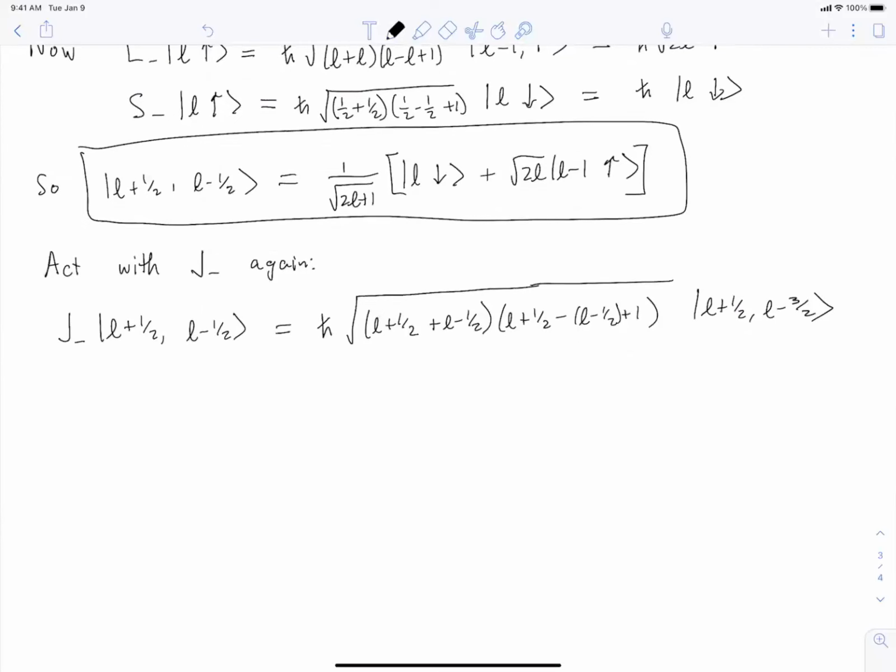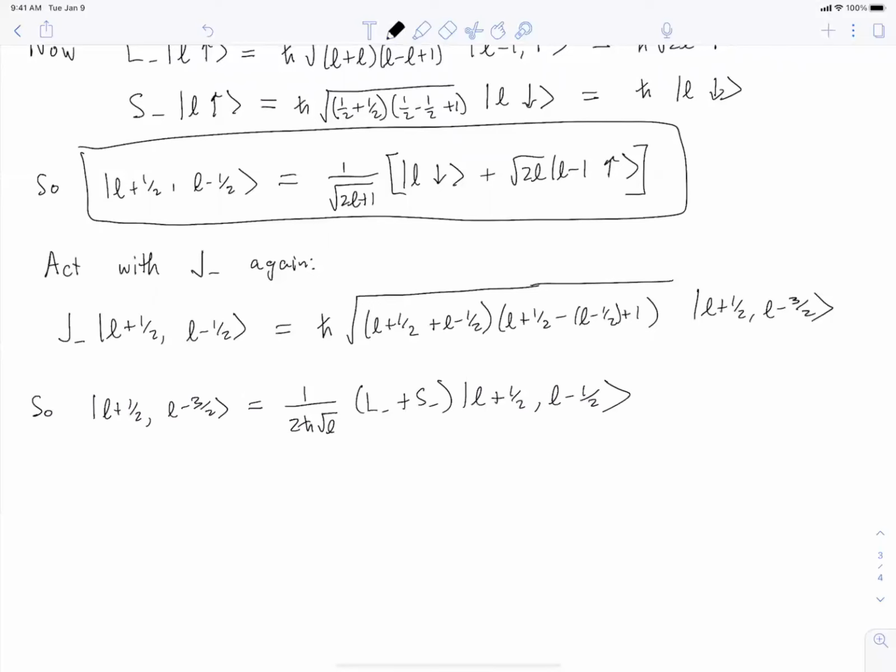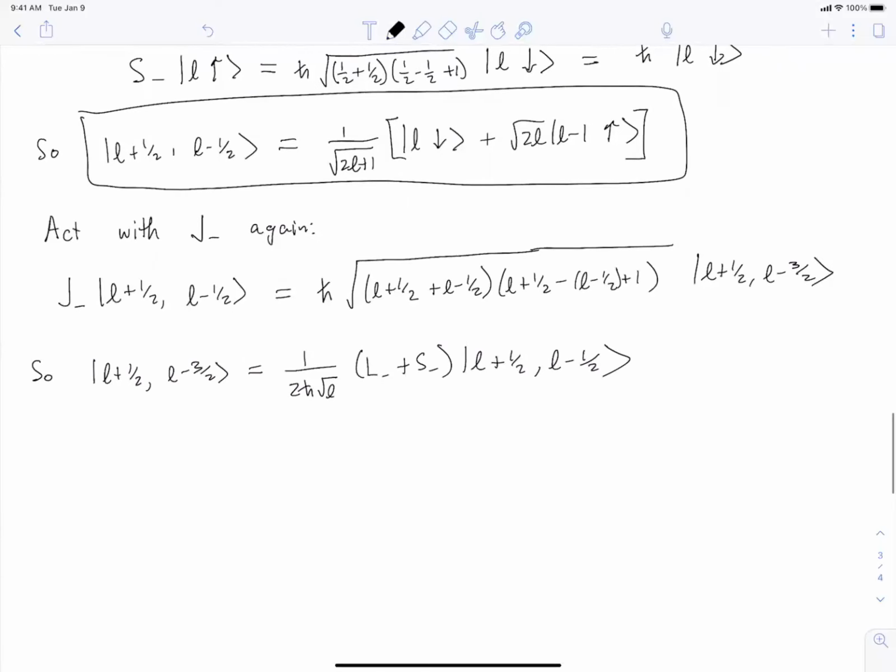Okay, and on the other hand, if we solve again for the thing we want to know, which is this one, that gives us that L plus 1/2, L minus 3/2 is 1 over 2 h bar square root of L, that's from that square root, times L minus plus S minus, times that state, which we already know in the product basis.